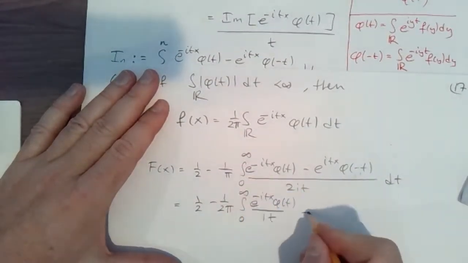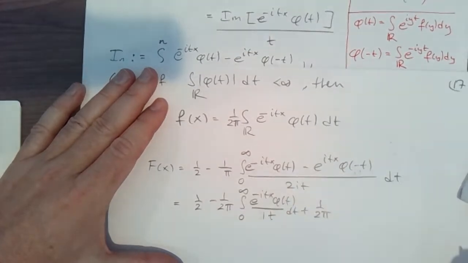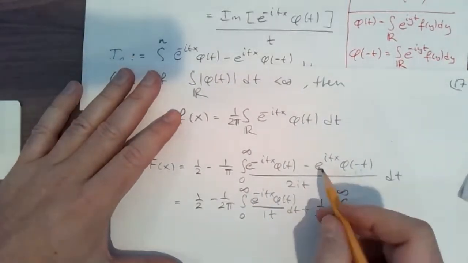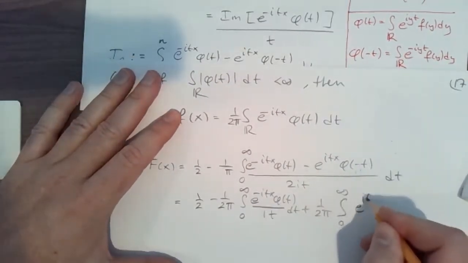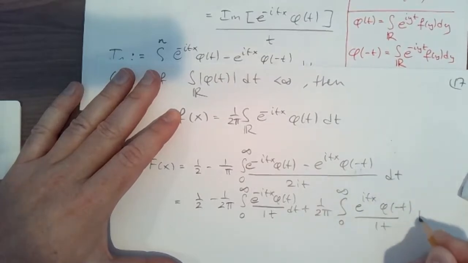I have a minus and a minus, so this becomes a plus 1 over 2 pi integral from 0 to infinity. And then let me just write out two steps, e to the itx phi of minus t divided by it dt.